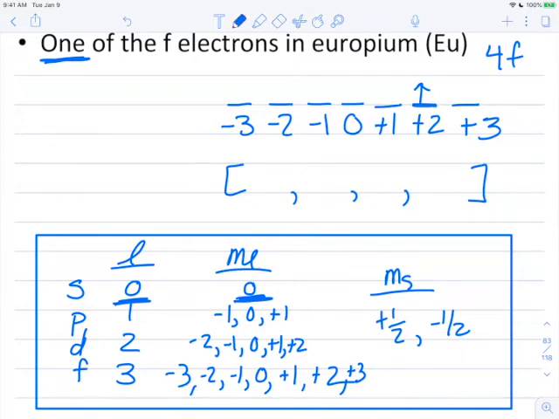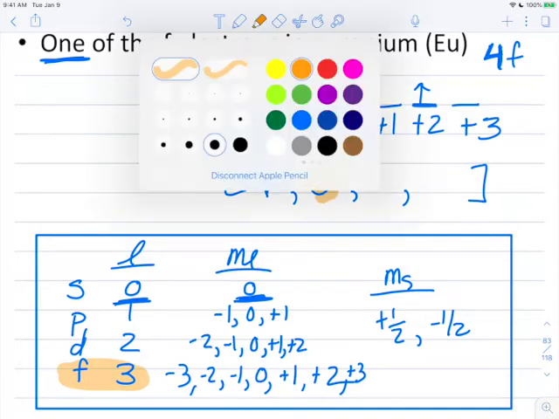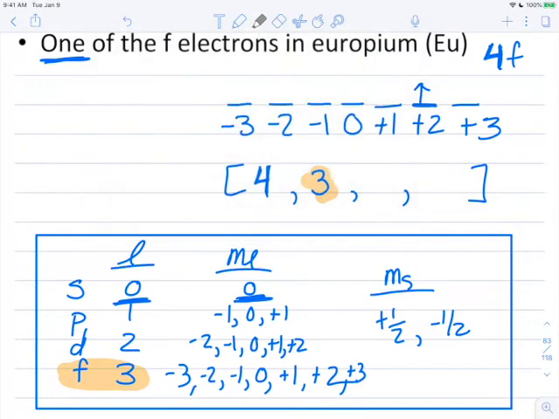All right, so I'm seeing 4 to start with, and that is correct. It comes from the 4 right over here. And then the next number I'm seeing is 3, and 3 is correct. So 3 is coming from the F's right down here. Let me go ahead and highlight these in case you want to come back later. All right, and the next number, most of you had 2.